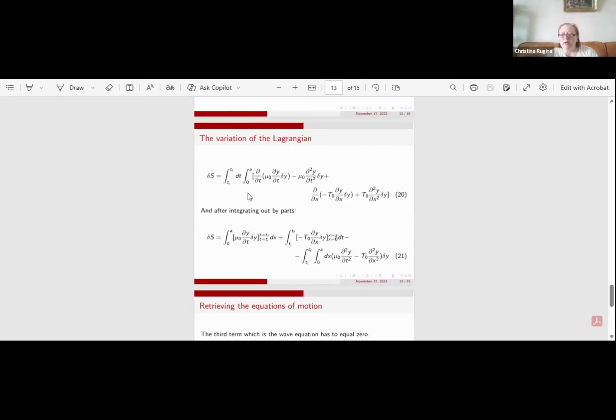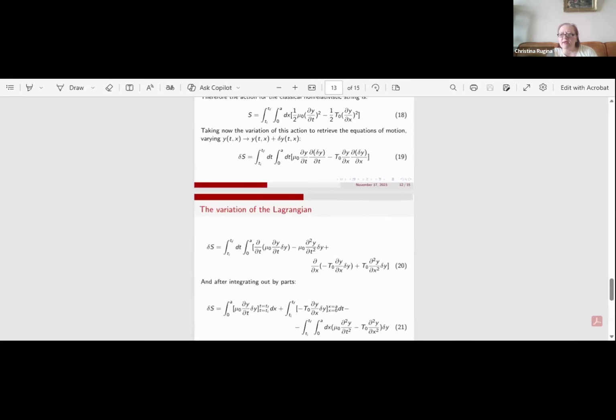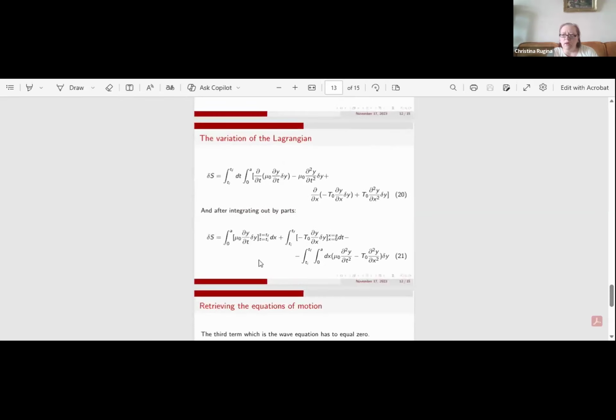and you integrate here over dx. Actually, you integrate over dt here because the total derivative is on dt.